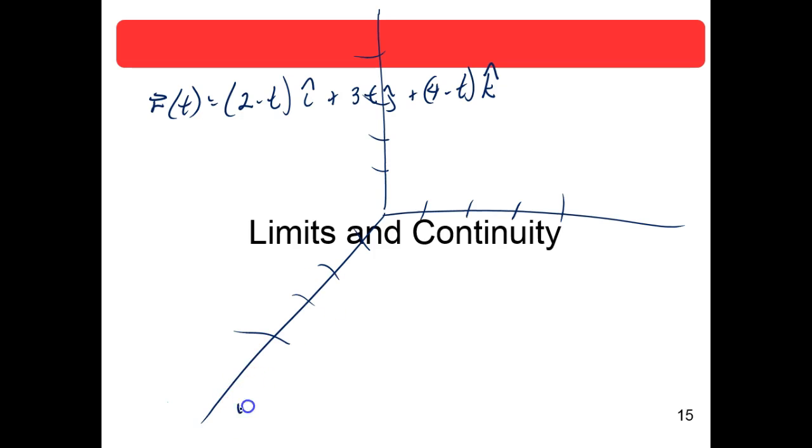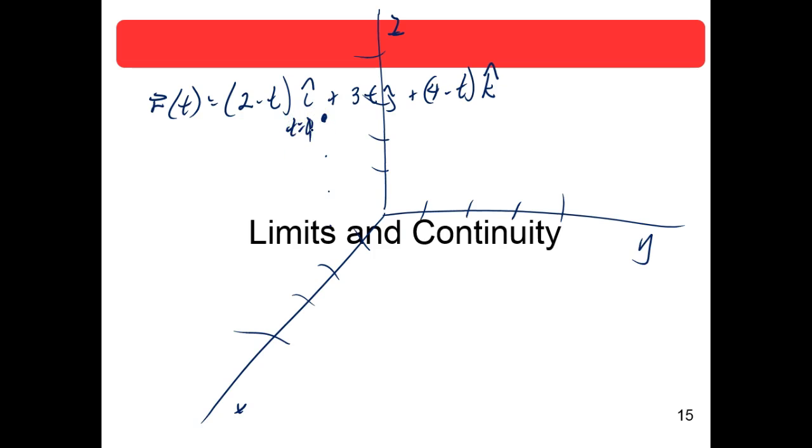This is x, y, z. So 4k would be 1, 2, 3, 4 up there. So here's our starting point. This is t equals 0.